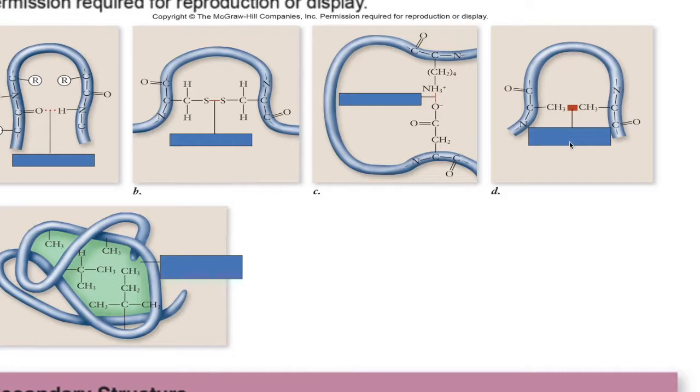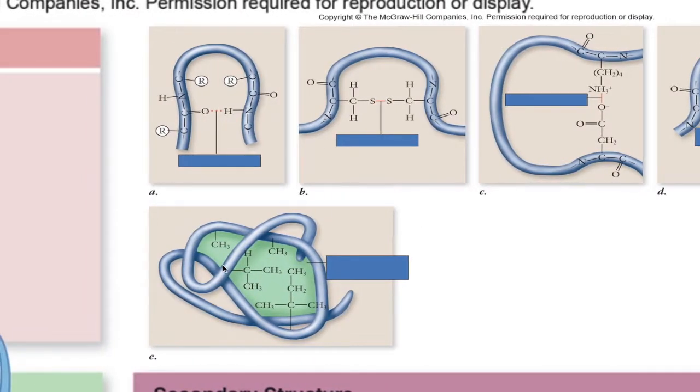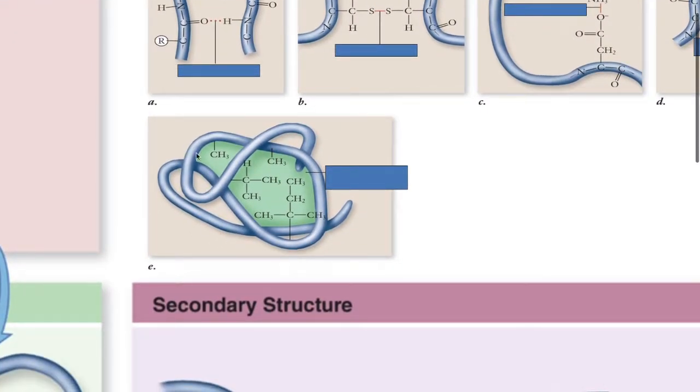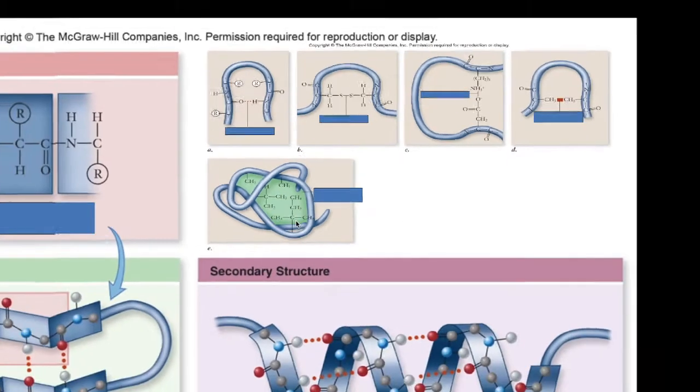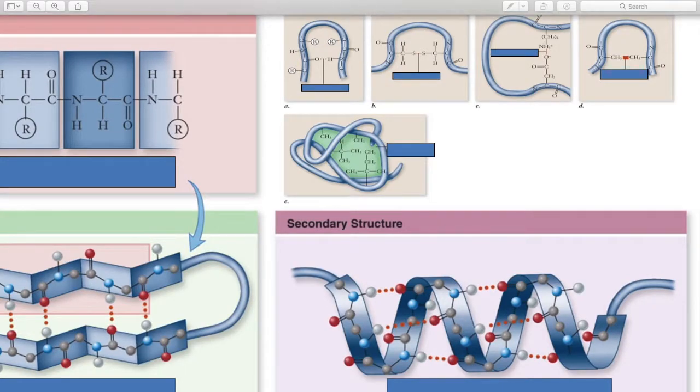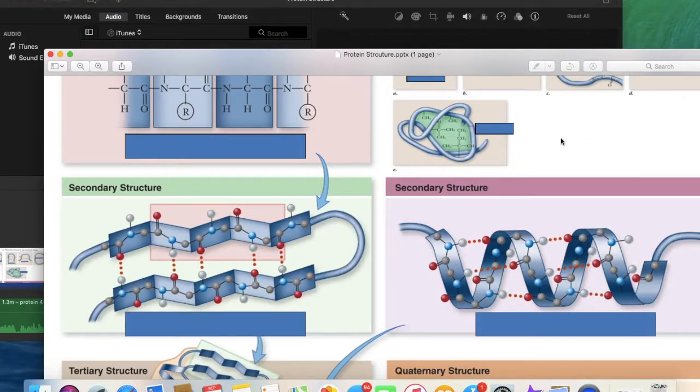This one's pretty weak, and this is basically just a hydrophobic interaction between the CH3 bonds. And then down here, we're looking at hydrophobic exclusion. This just happens when the atoms don't bond with the water, and so they're all pushed together in this sort of lump right here. And you can see that with the CH3 again.